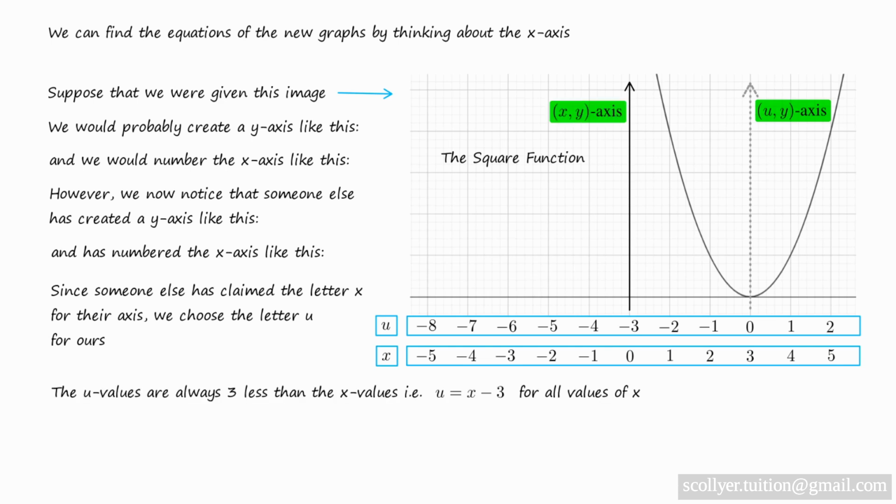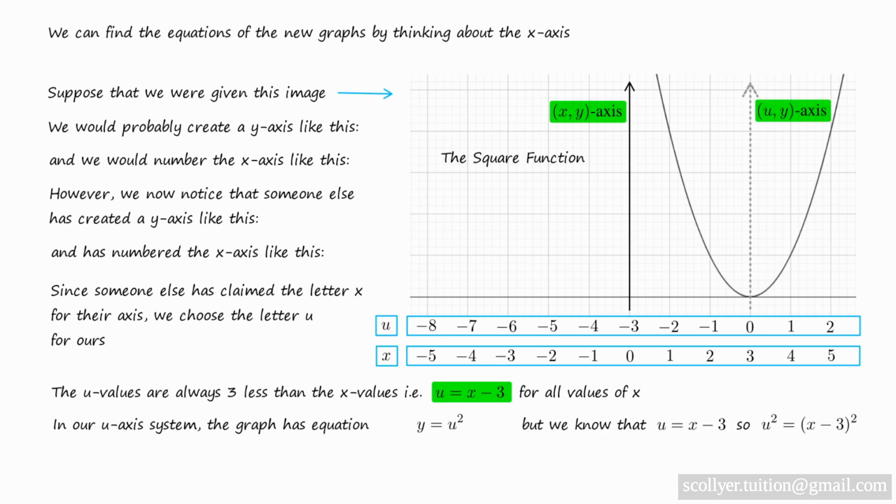Now we can see that the u values are always 3 less than the x values. That means that u equals x minus 3 for all values of x. In our u-axis system, the graph has equation y equals u squared, and we know that u equals x minus 3, so that u squared equals x minus 3 squared.